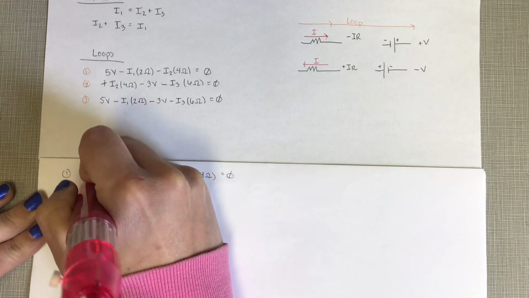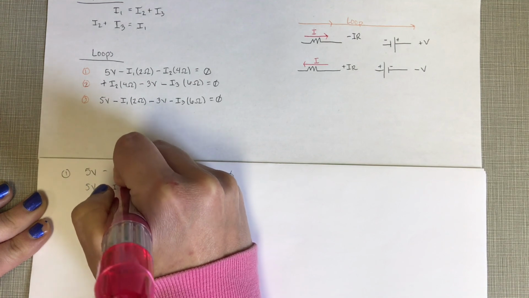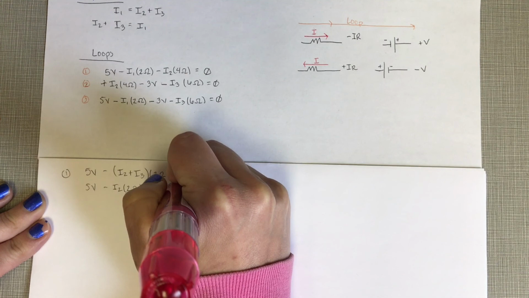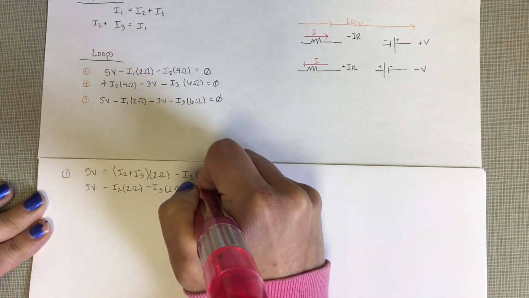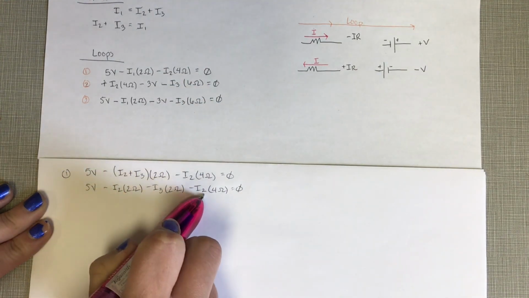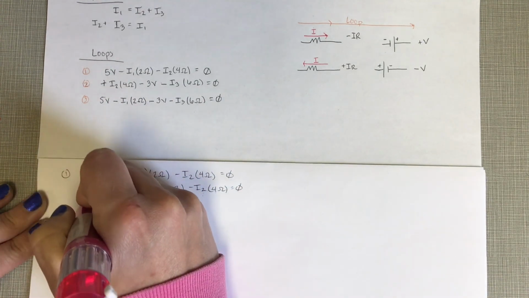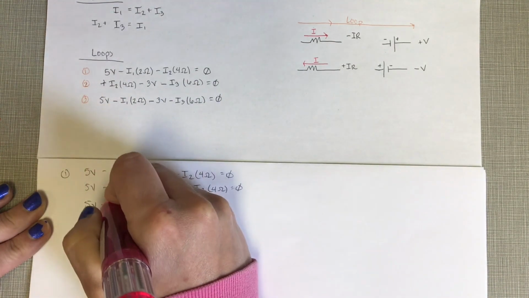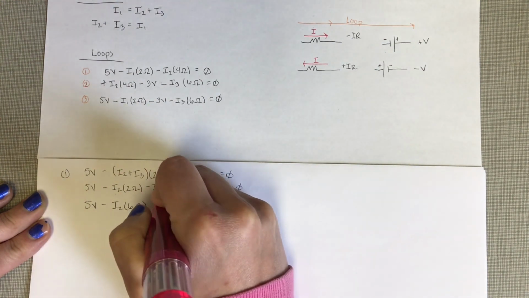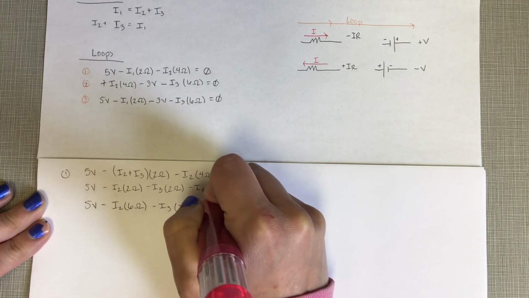I can simplify this: 5 volts minus I2 times 2 ohms minus I3 times 2 ohms minus I2 times 4 ohms. I can combine my I2s, so minus 2 I2 minus 4 I2, so that's 5 volts minus I2 times 6 ohms minus I3 times 2 ohms is equal to 0.